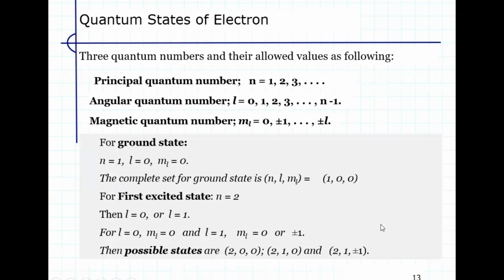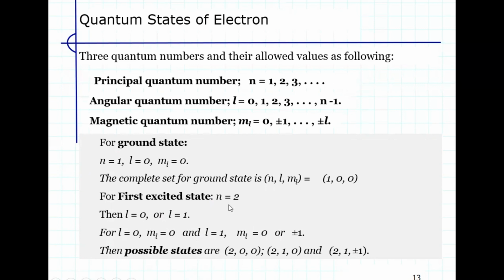And therefore, we have these choices: 2, 0, 0; 2, 1, 0; 2, 1, plus minus 1. So there are 4 states for L equal to 1 and 1 state for L equal to 0. So a total of 5 states are possible for N equal to 2, the first excited state.